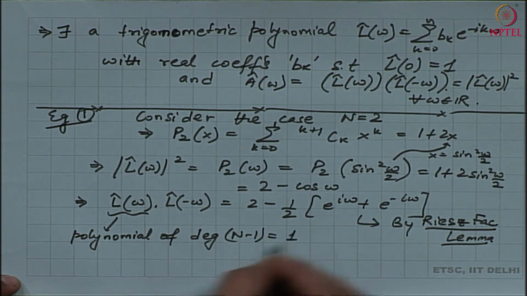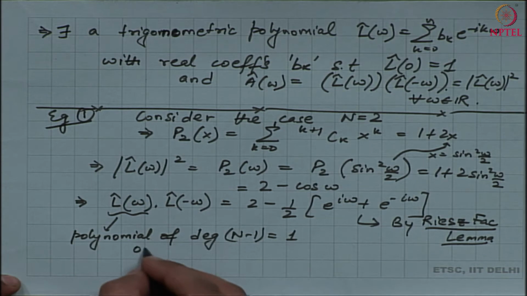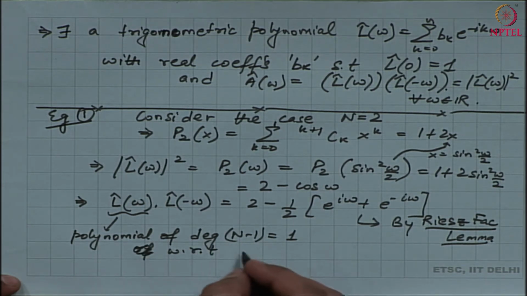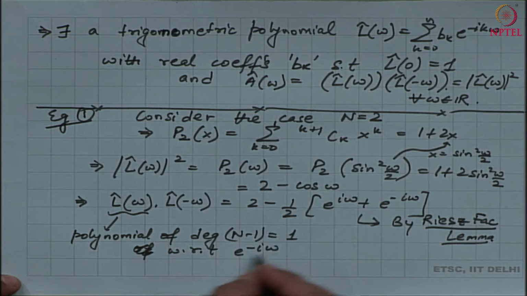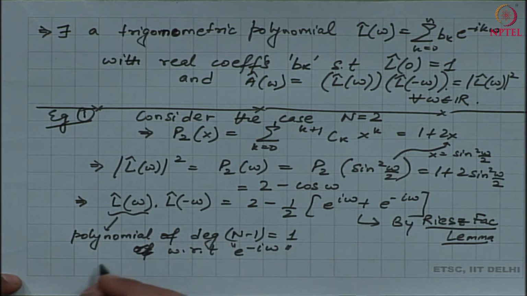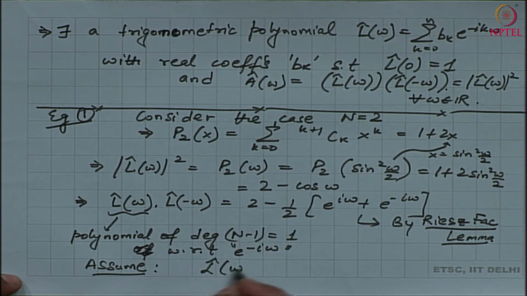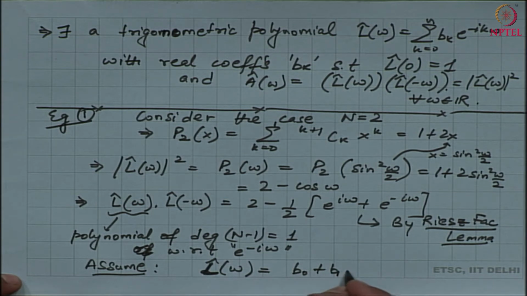In this case, this will be equal to 1 with respect to e to the power negative i omega. Okay. So, with respect to this factor, my L hat of omega is a polynomial of degree 1. So, let me also assume that L hat of omega has the following representation. This is B0 plus B1 e to the power negative i omega. Okay. So, that is a polynomial of linear order.